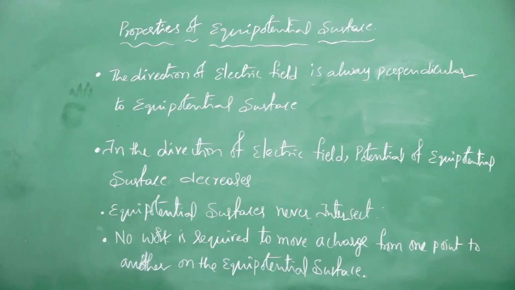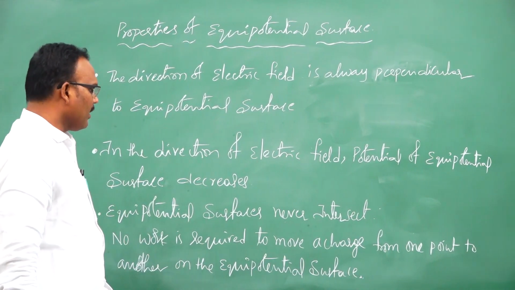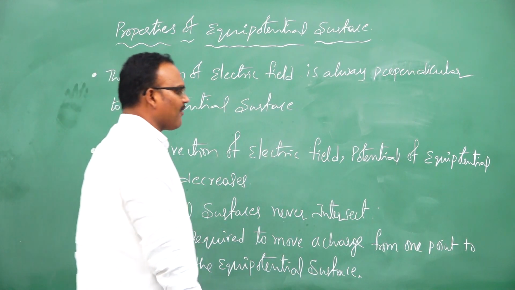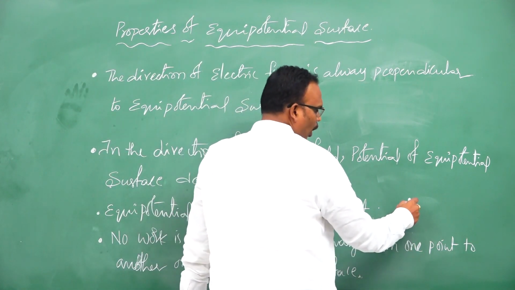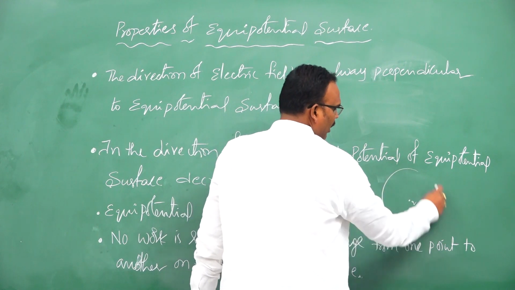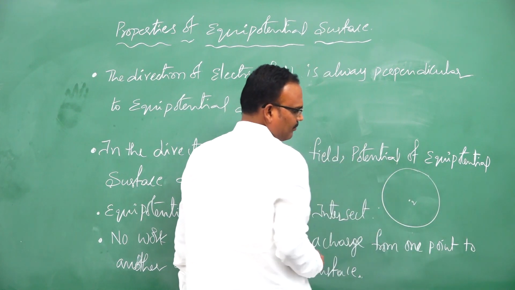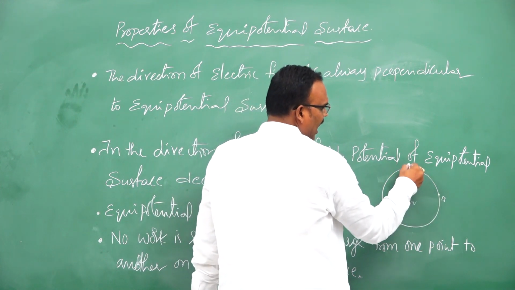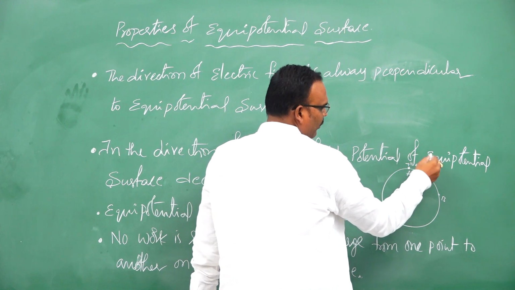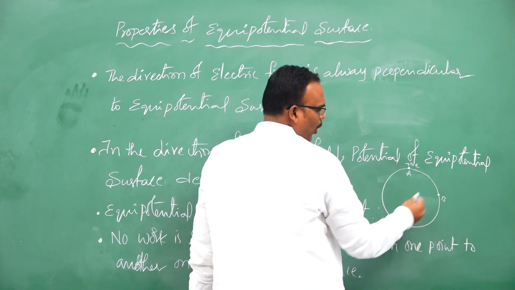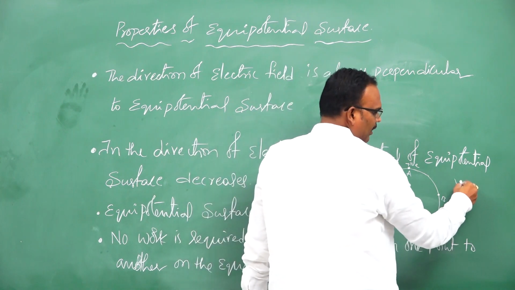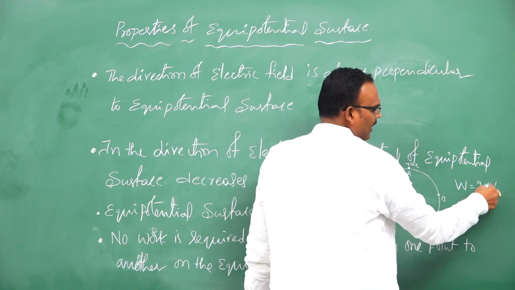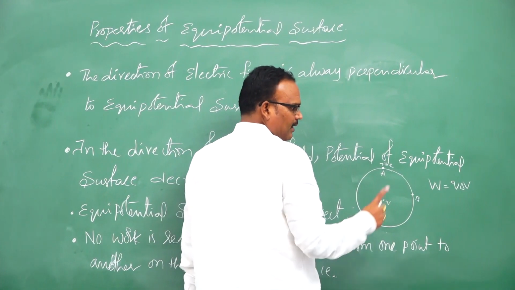The last point, no work is required to move a charge from one point to another point on the equipotential surface. See, in case of a point charge, equipotential surface is a sphere. If you want to move a charge, for example a unit positive charge, from point A to point B, the work done is, we know, W equals QV, here V is delta V, the potential difference.